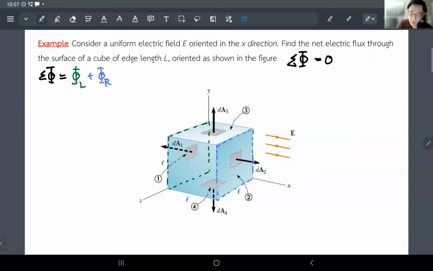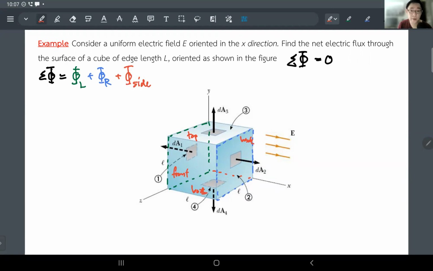And then, of course, there will be the flux on all the surfaces that comprise the sides of the box. There's the top surface, the front, the bottom, and the back behind that one. Yes, there's a back there. Let me call this the flux on the side.